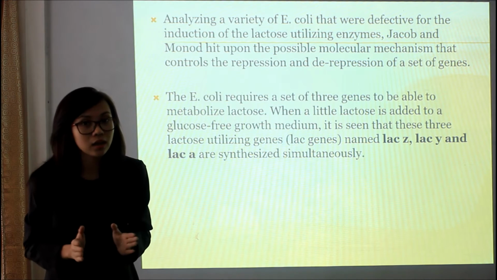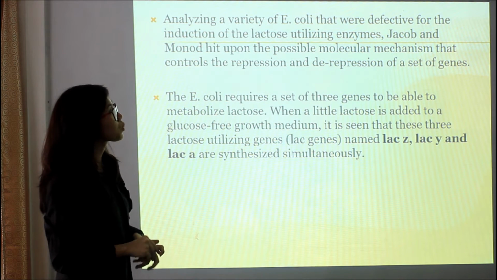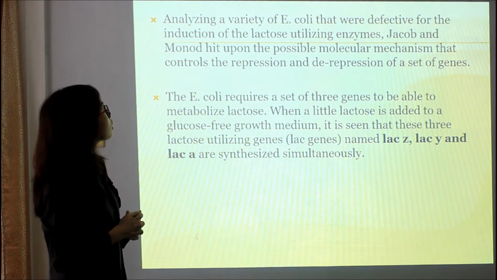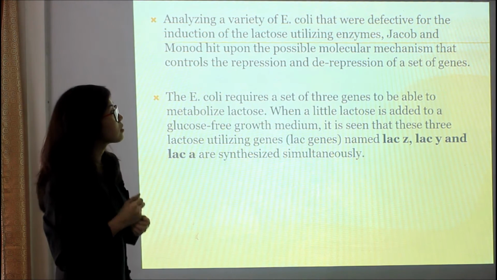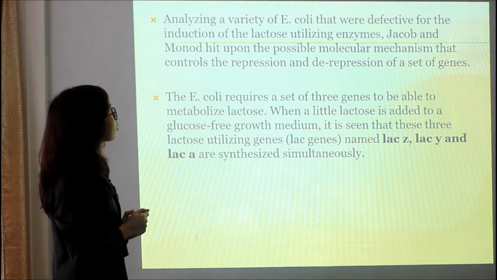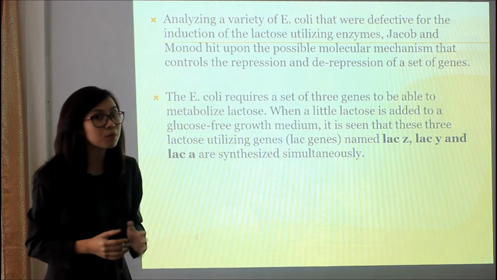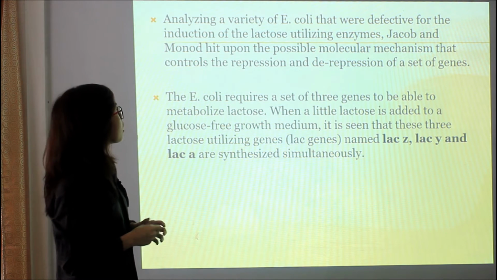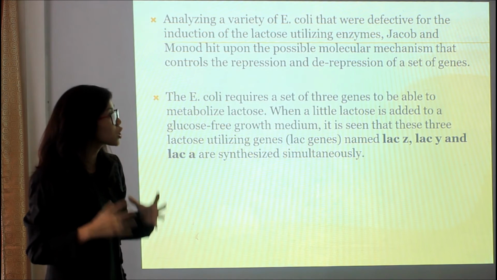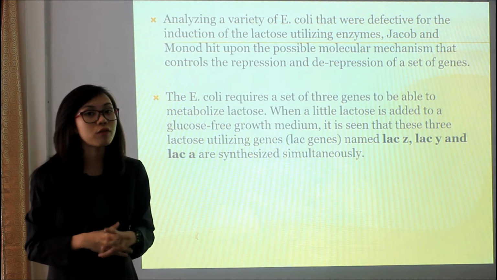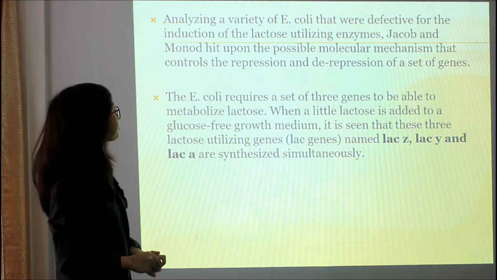Analyzing a variety of Escherichia coli that were defective for the induction of the lactose-utilizing enzymes, Jacob and Monod hit upon the possible molecular mechanism that controls the repression and derepression of a set of genes.